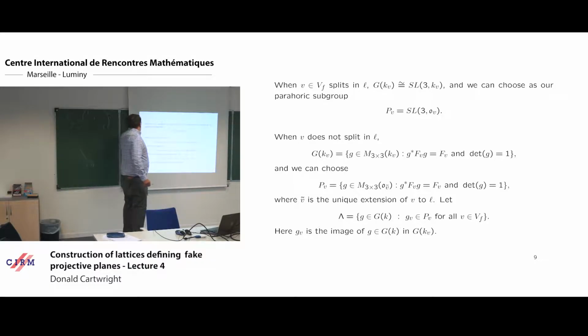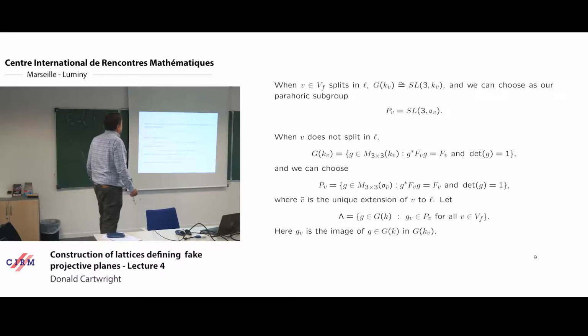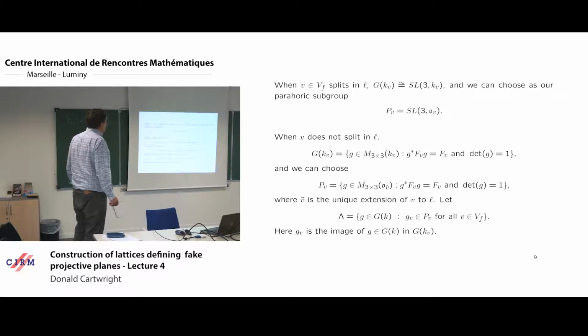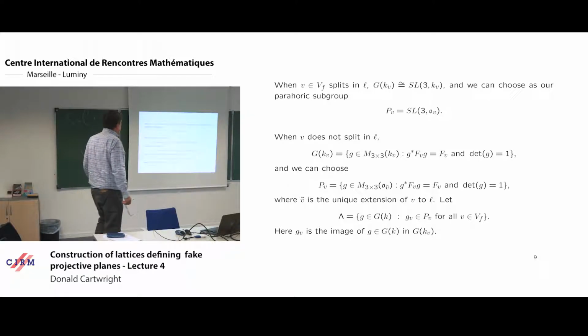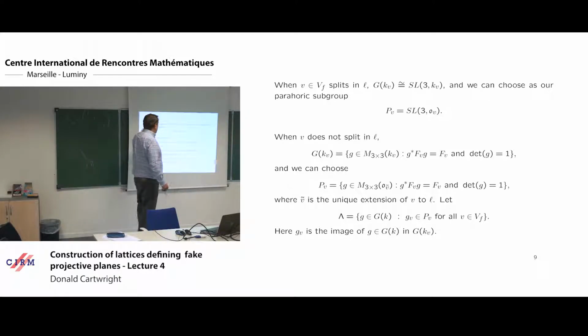So I started telling you about how this works in the division algebra case, but also in the matrix algebra case. It's a little bit easier. If you look at the k_V points of G at a place where V splits, you get SL_3(k_V), and we're going to choose as our parahoric SL_3(O_V).